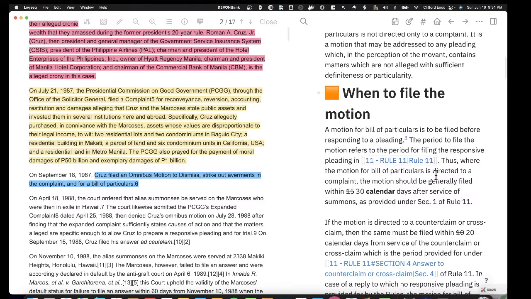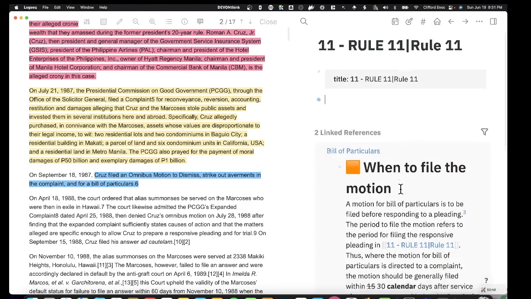Thus, where the motion for a bill of particulars is directed to a complaint, the motion should be usually filed within 30 calendar days after service of summons, as provided under Section 1 of Rule 11.